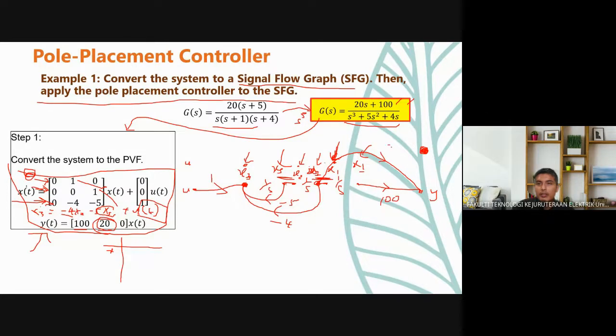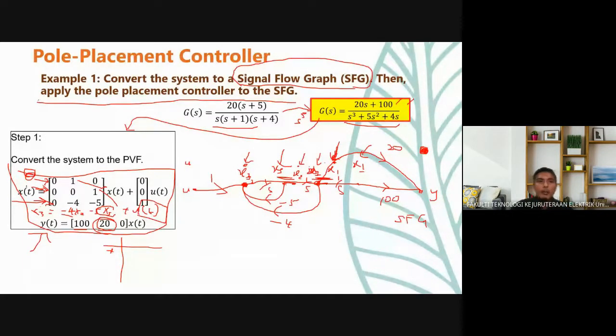The gain is 20. So now this is your signal flow graph for the system.